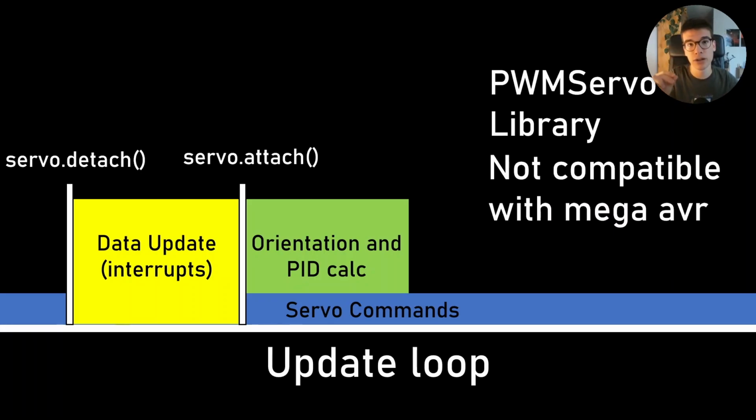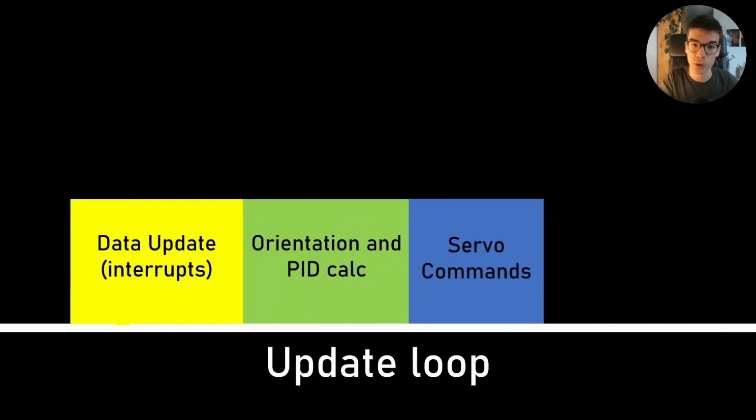I'm using the Arduino Nano Every chip, and this is a Mega AVR architecture, and this library wasn't compatible with it. So instead of trying to fix this library and make it compatible, I wrote my own small code, which really sections off the command part, so it doesn't spill out and make an all interrupts mess.